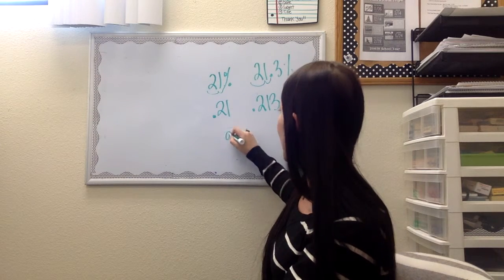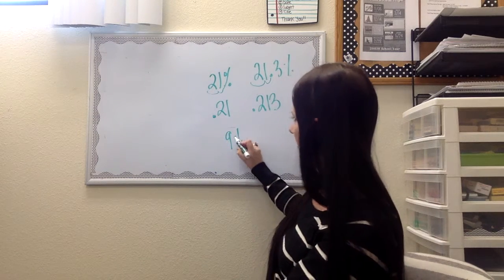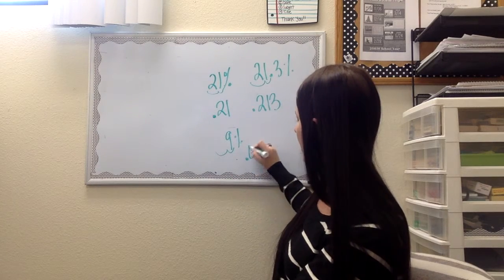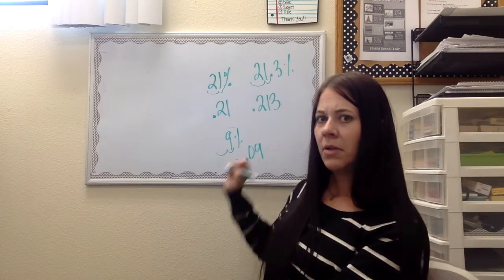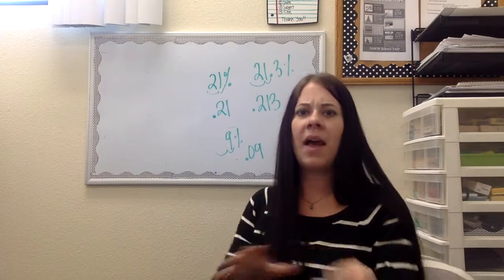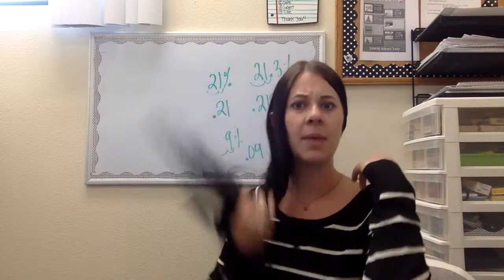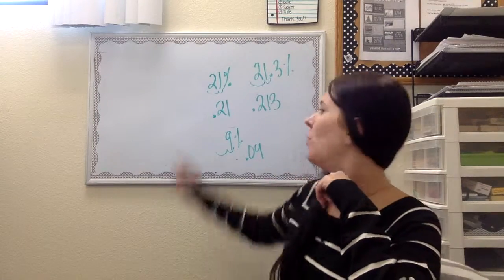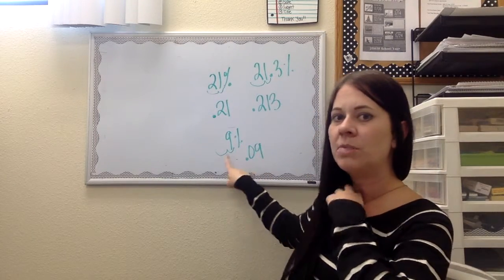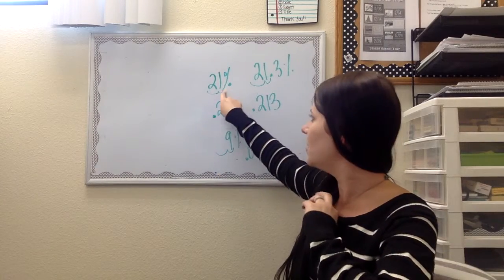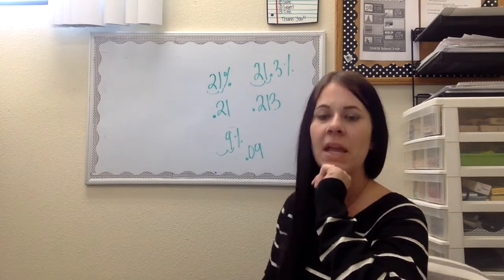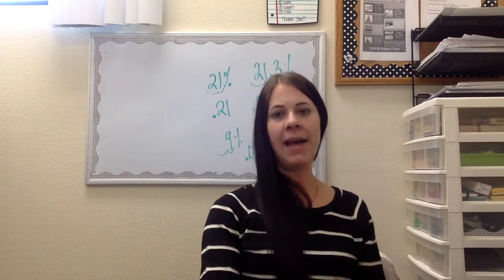If I had 9%, two dots, I move it back 2, I fill in a 0 and make it 0.09. Okay, so just a side note, that's all I really want you to know about that type of problem right now: to do any math with percents, you have to turn them into decimals, which means you take where the decimal is and you move it back 2. I remember 2 because of the percent sign. I think for now, let's leave it at that.